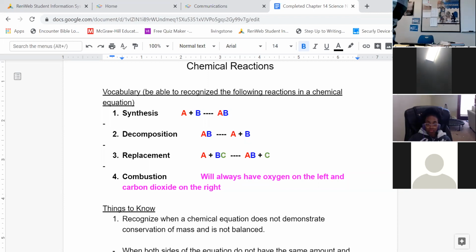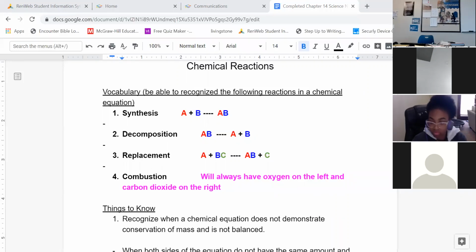If you see something that says synthesis, what synthesis is when you have two separate molecules or atoms on one side, and then you have the arrow that goes to the next thing, and those two things are combined. So if you see that in a chemical equation, you know that's a synthesis equation.